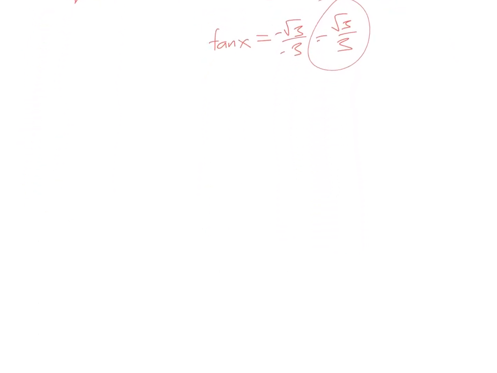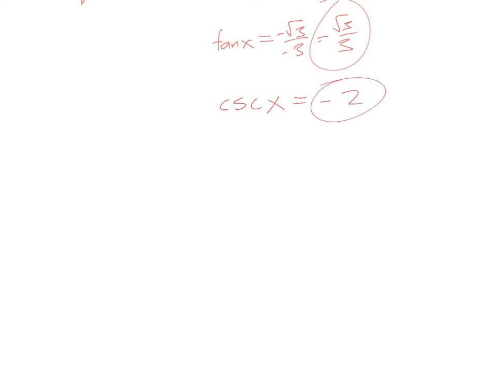And then I have cosecant, which is simply the reciprocal, negative 2 over 1, which is negative 2. Then I have secant of x, which is flip what we got before, and we have 2 over the square root of 3. I can put negative here.